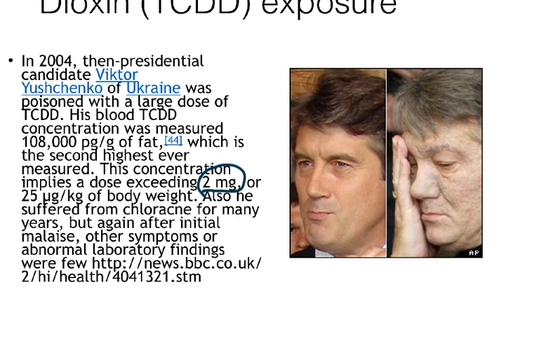So that is 1,000,000 times the yearly dose, the maximum yearly dose. So you can see if you compare these two pictures, we're not taken that far apart. It affected his skin. He had chloracne for many years, but he did survive and didn't have long-lasting symptoms. So just an example of where these units of concentration can come in handy if you understand them.